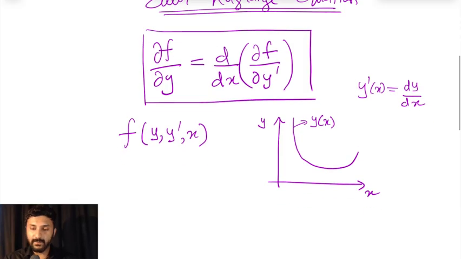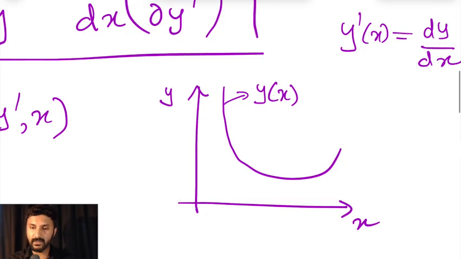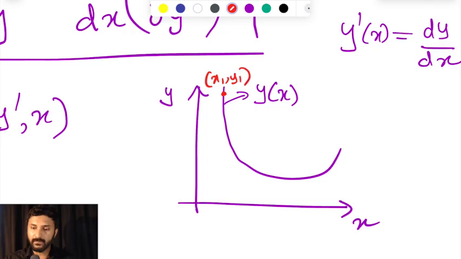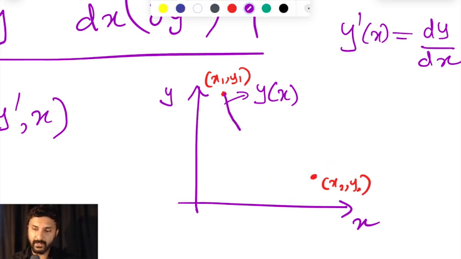So let's imagine this curve again. Let's say it connects 2 points. Let's call them x1, y1, and another point here, x2, y2. In fact, let me redraw it so that it connects these 2 points.